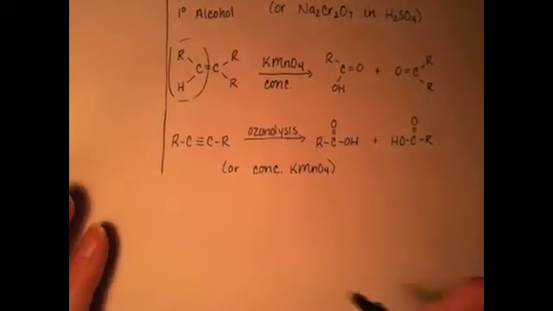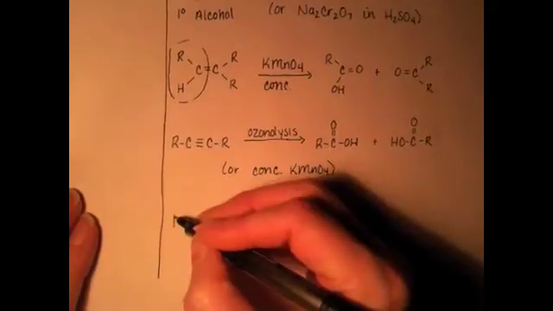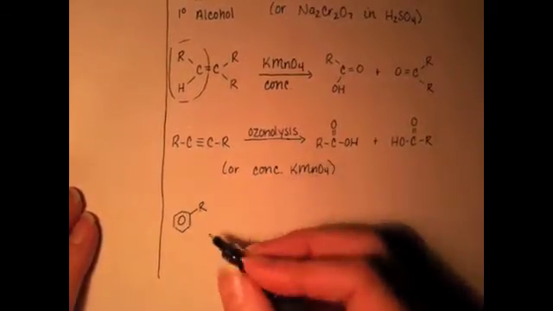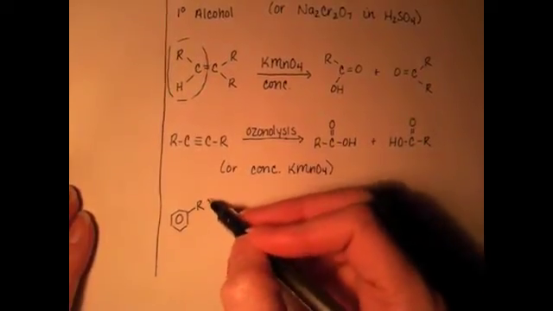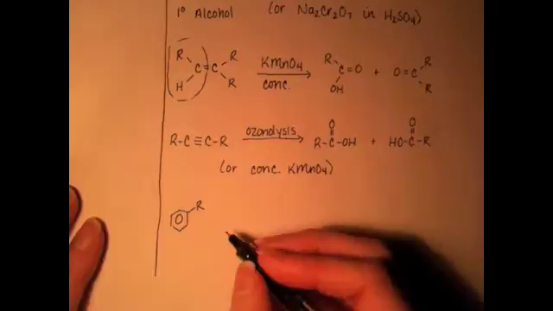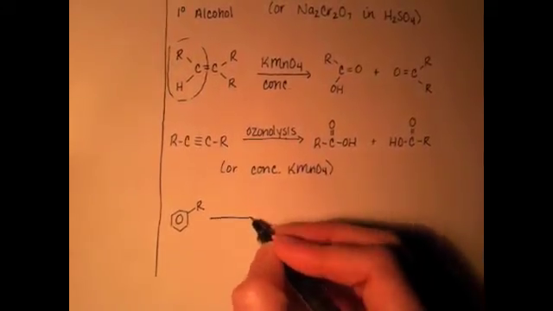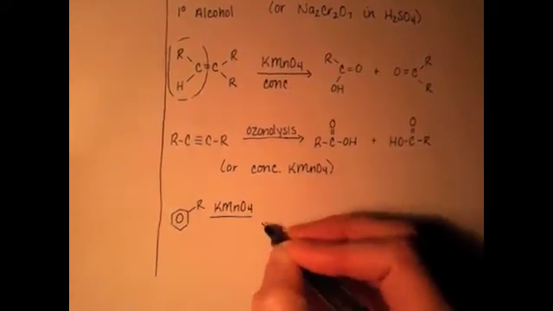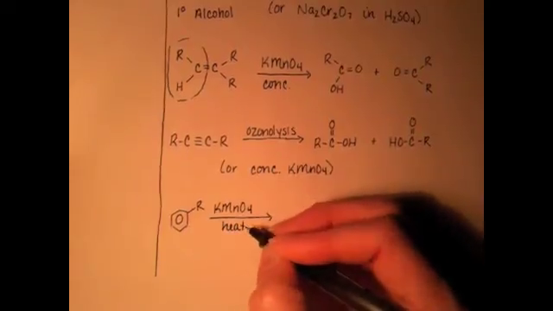Last quarter, we saw that if you have an alkyl group attached to an aromatic ring, it does not matter how big this alkyl group is or what it is, even if it's another benzene ring, you can do what we call a side chain oxidation of that. You can use potassium permanganate. You can use potassium permanganate for, it seems like, just about anything, and this needs a little bit of heat.